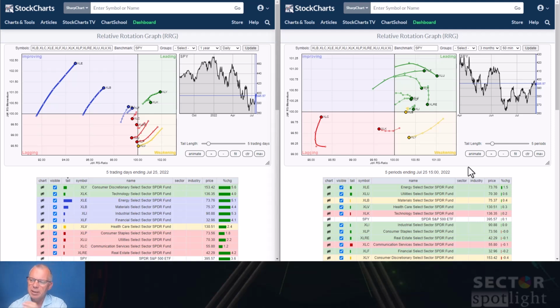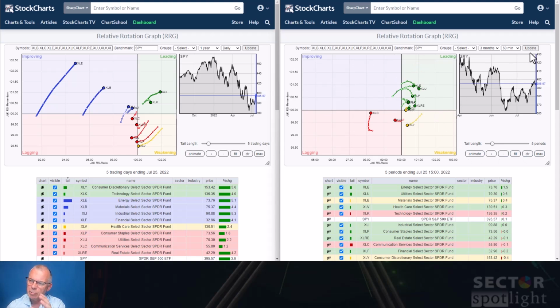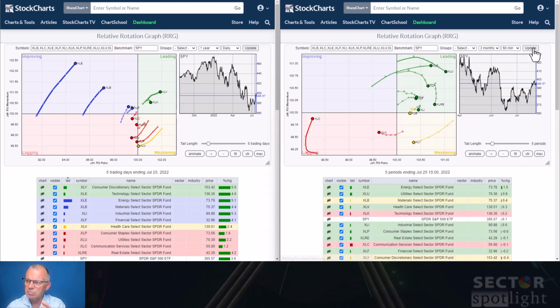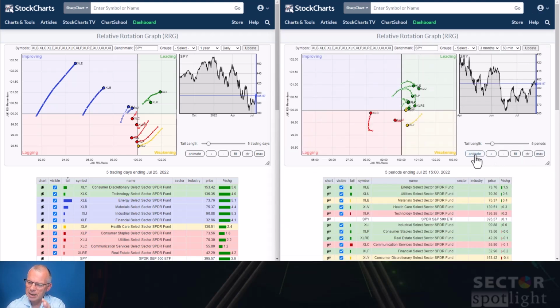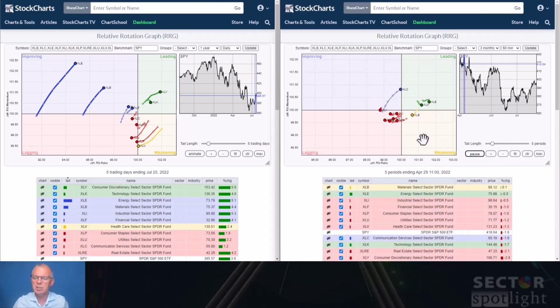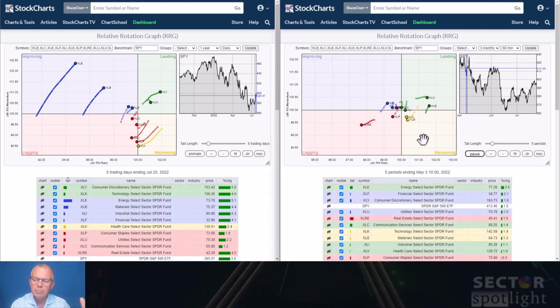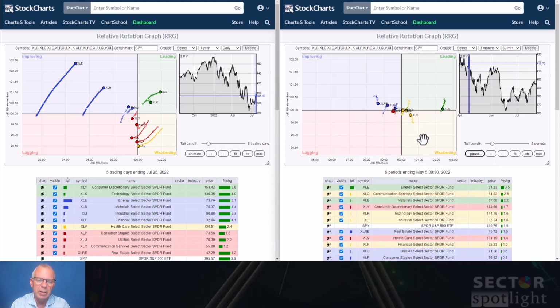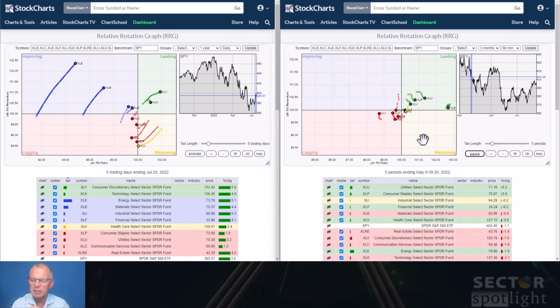If you look at the hourly RRG as we have it right here, and I would animate it, you can see that the rotations are taking place just as you would expect and are familiar with as it rotates on a daily or a weekly RRG.